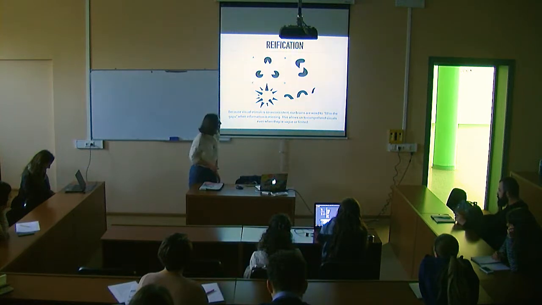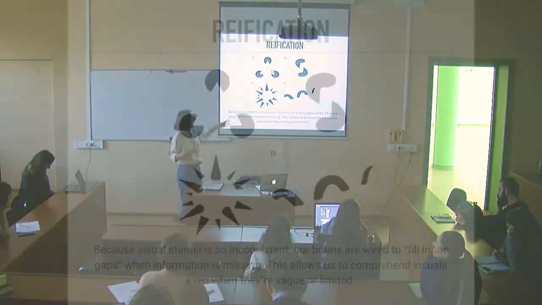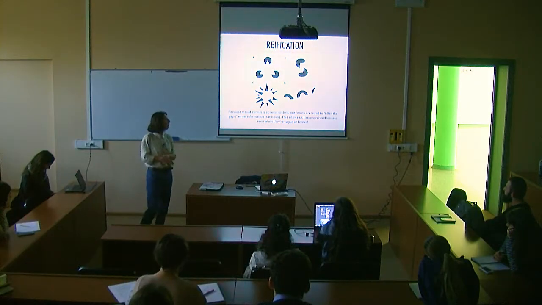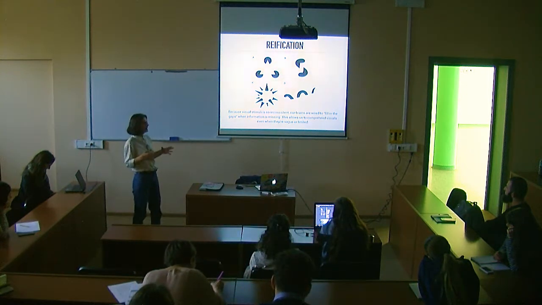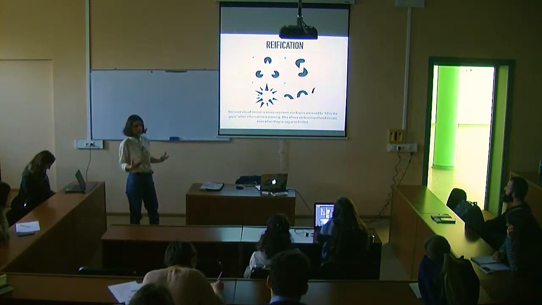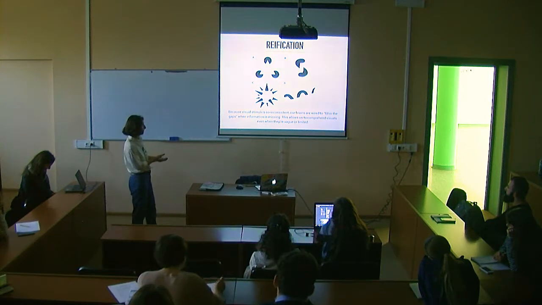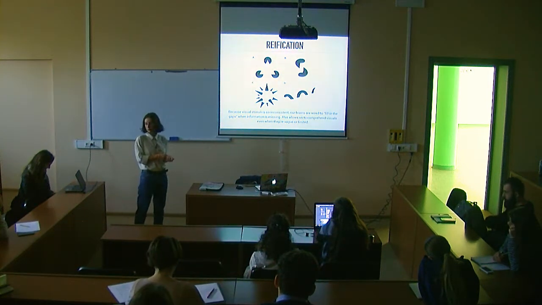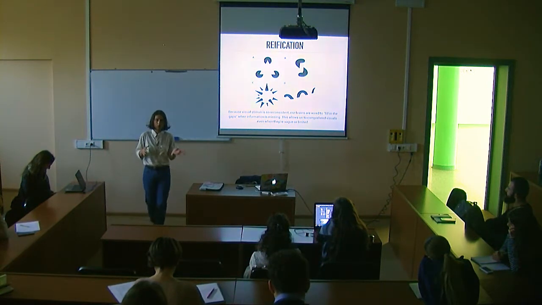This is quite useful, and we sometimes use white space, so-called negative space, to create the feeling of having something. I want to say with this example that white space is a really powerful tool, and it doesn't mean that if we have white space, we don't have anything.